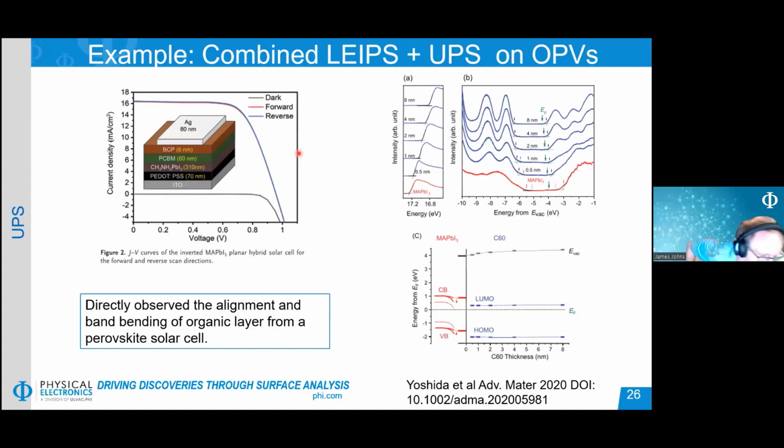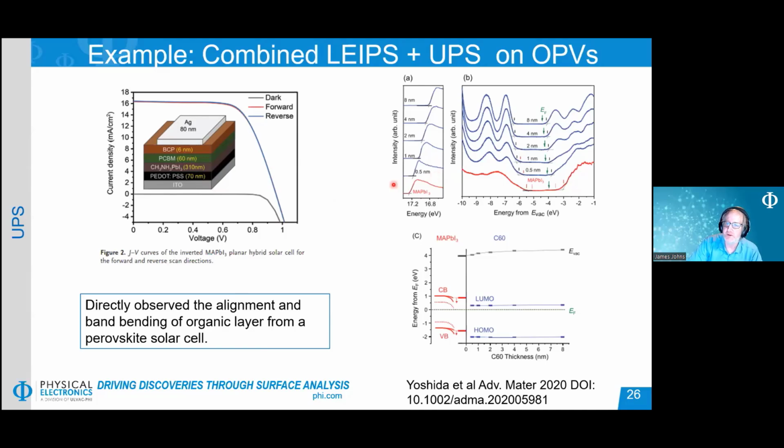This is from Hiroyuki Yoshida's lab in Japan, who is the inventor of LIPS. And so I wanted to give him some props and credit for developing this technique. What he was looking at was organic molecules that were electron transport layers in a perovskite-based solar cell. So this is methylammonium lead triiodide perovskite.